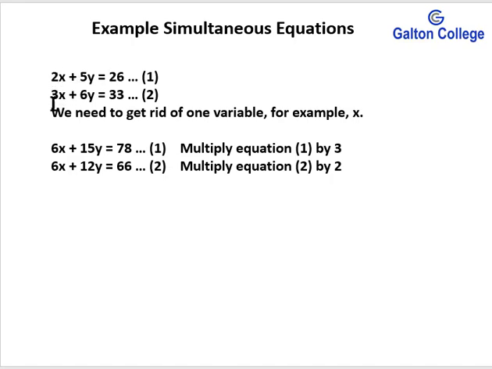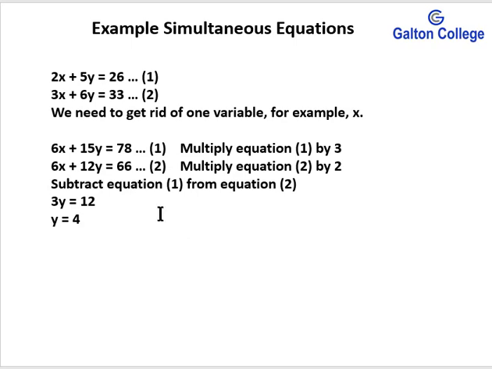Now if I multiply the second equation by 2, I've got 6x in the top one here, and multiply the bottom one by 2. So we'd have 6x plus 12y equals 66. So what I've done is I've forced the coefficients of x to be 6 and 6. And that enables me to get rid of them, because now I can subtract them.